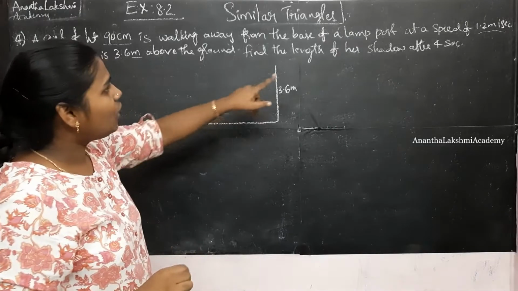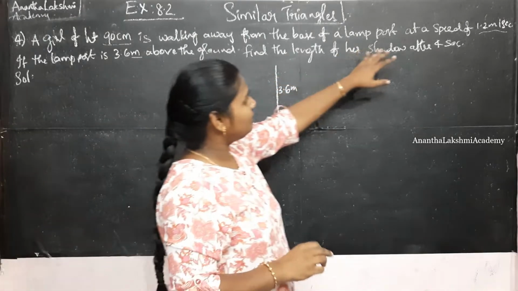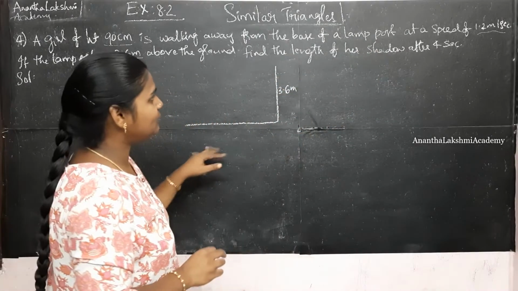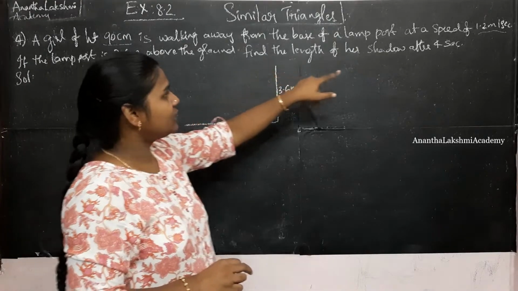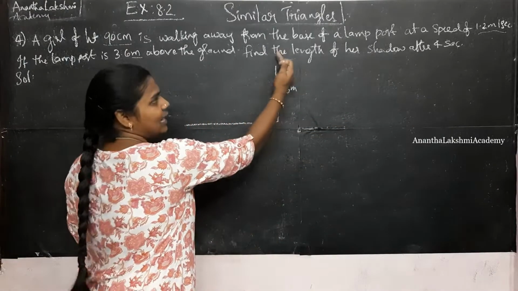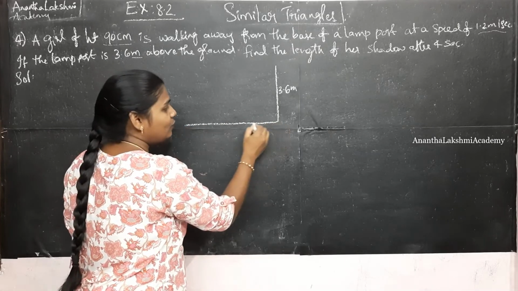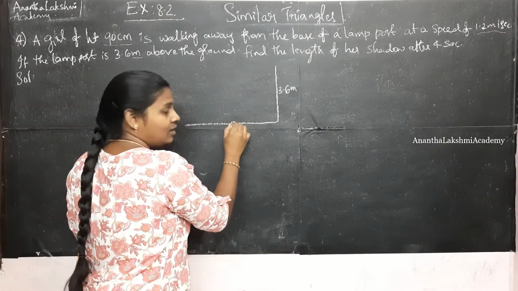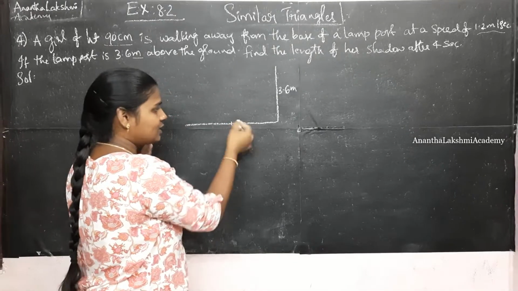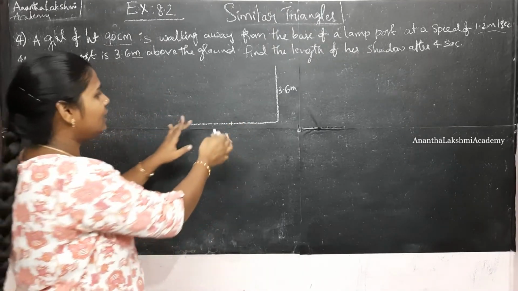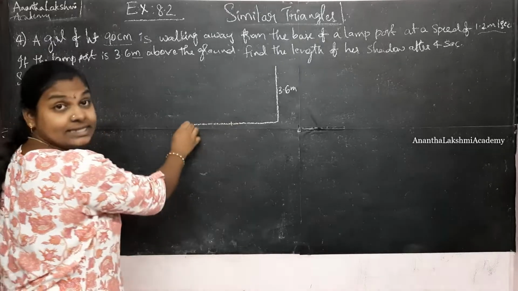She's walking at a speed of 1.2 meters per second. Find the length of her shadow after 4 seconds. When the lamppost is like this, her shadow goes like this. So when she is moving, she has already moved for 4 seconds with the corresponding speed. Now later her shadow is like this.